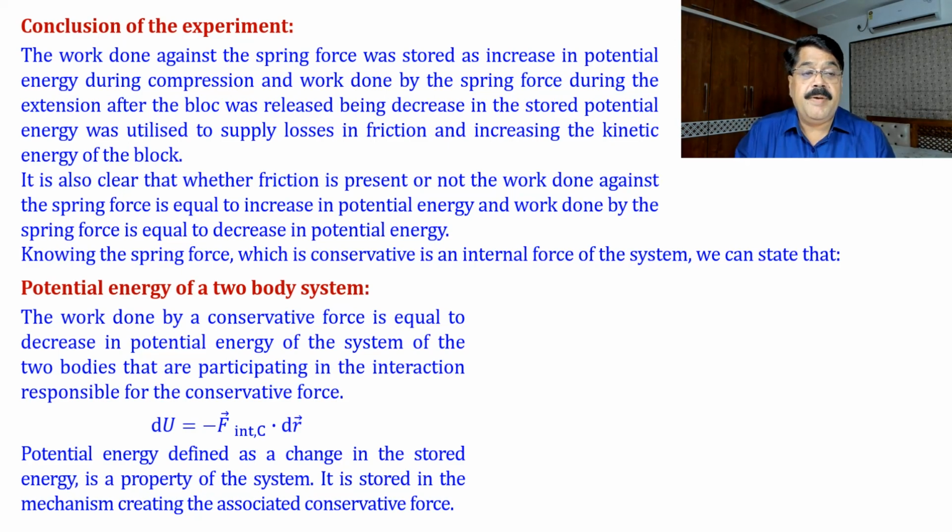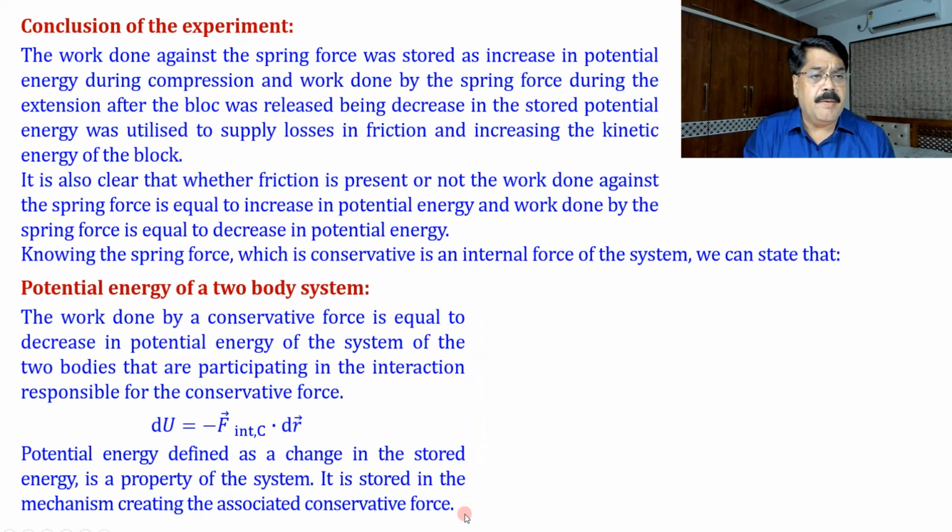But there may be conservative forces which act through a field. Here the force creating mechanism, the field, will not be visible, but again potential energy will be stored in that field. So the idea is that potential energy, a property of a system, is stored in the mechanism creating the associated conservative force. All these ideas are very important.